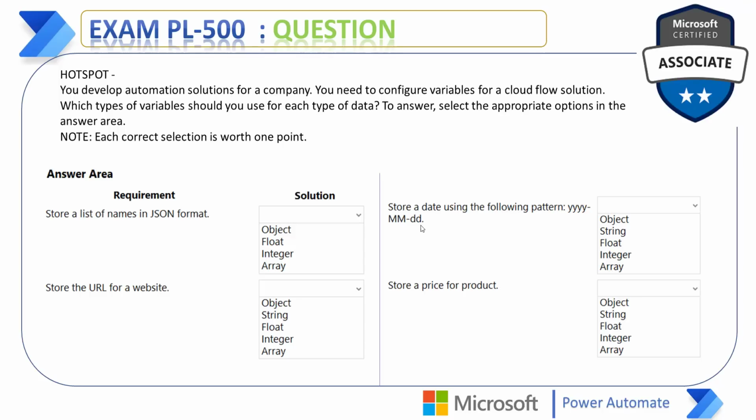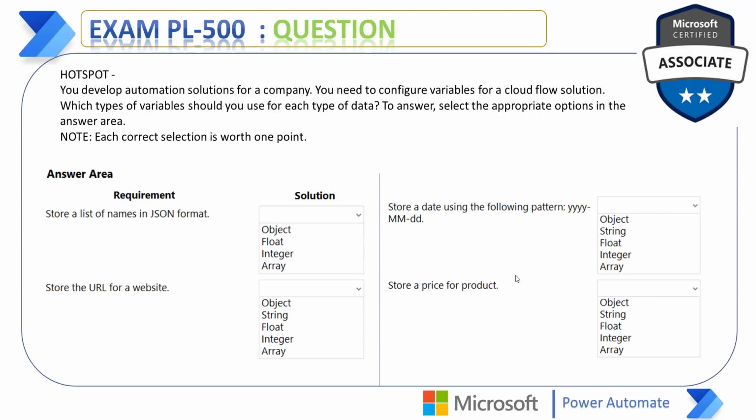Now coming to the third requirement: I want to store a date using the following pattern, that is YYYY-MM-DD. It's a date format. If you observe, this is the date format. But in Power Automate for Cloud, we don't have a data type as date, right? In Power Automate for desktop, we have it, but in Power Automate for Cloud, we don't.